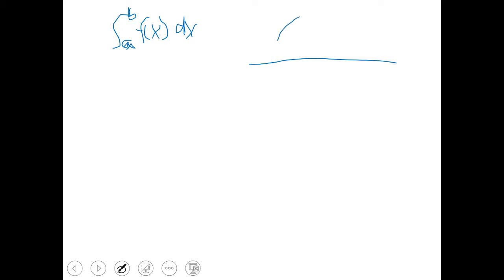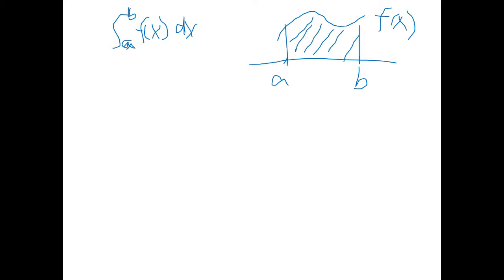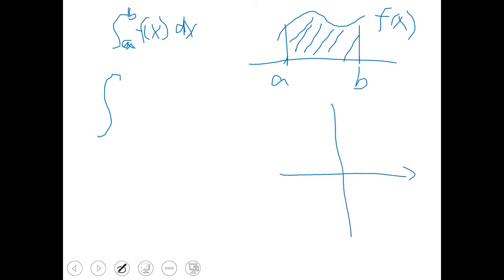Suppose when you learn calculus for one dimension, maybe in the x direction, you have something like this, from A to B. This is f of x. From A to B, you calculate this area, right? So for the line integral, suppose in maybe two dimensions, you have a field.